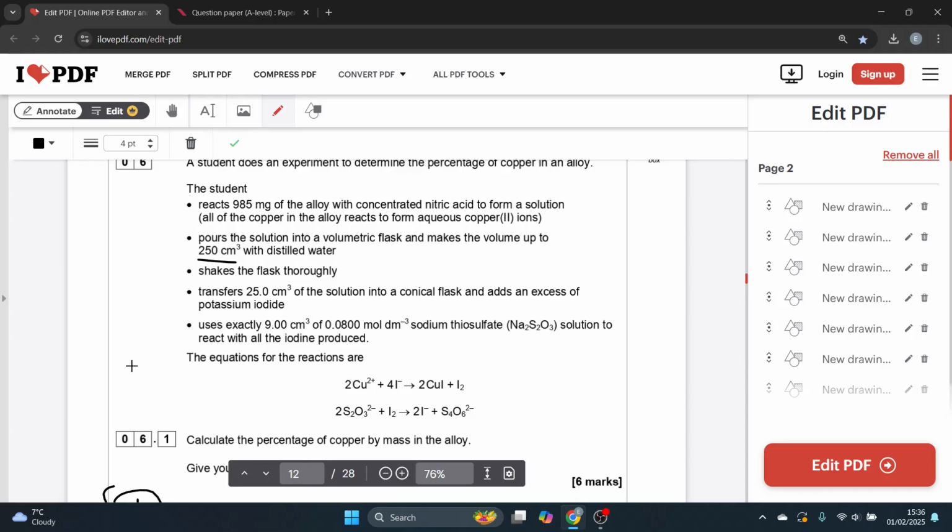So, if I find out the moles of sodium thiosulfate, I can find out the moles of iodine.